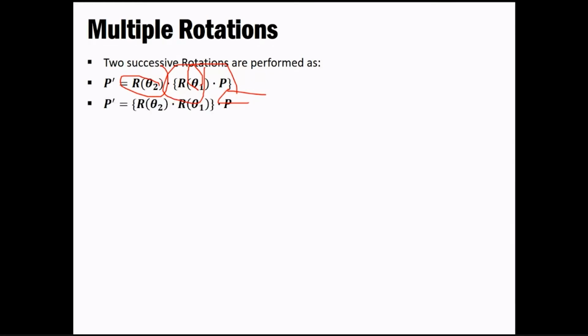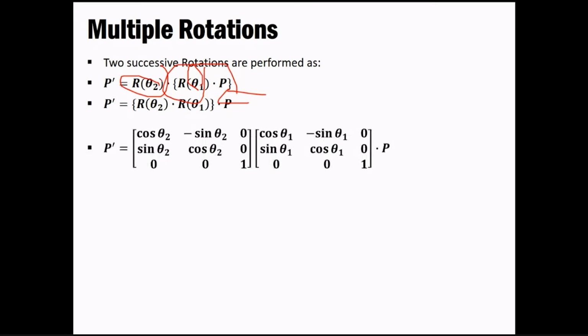Now we'll try to derive a simple equation for multiple rotations, something that we can directly take and use in our examples. That is the basic aim. So P dash equals, but obviously now we have two rotations. The first rotation has theta 1, which could be anything, and the other is theta 2.